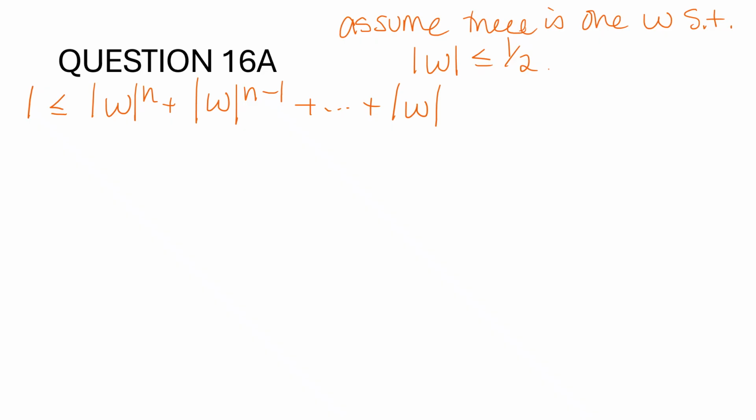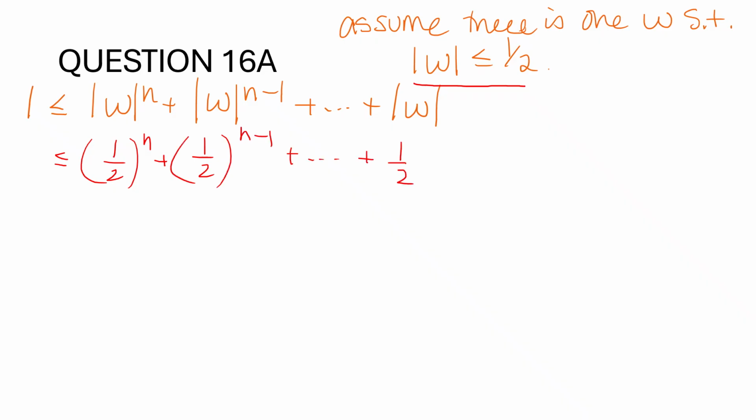But we are assuming that the absolute value of w is less than or equal to a half. So this will be less than or equal to a half to the power of n plus a half to the power of n minus 1 plus dot dot dot plus a half. I'm just going to turn that around, find it easier to sum.